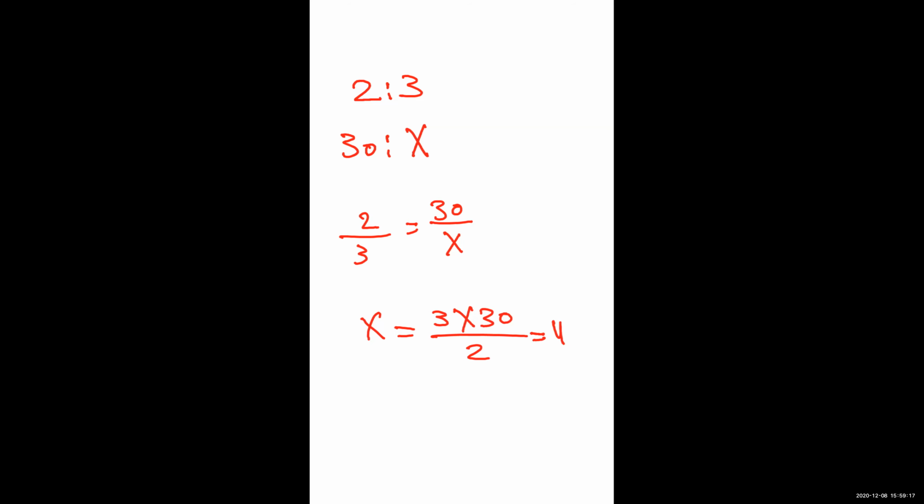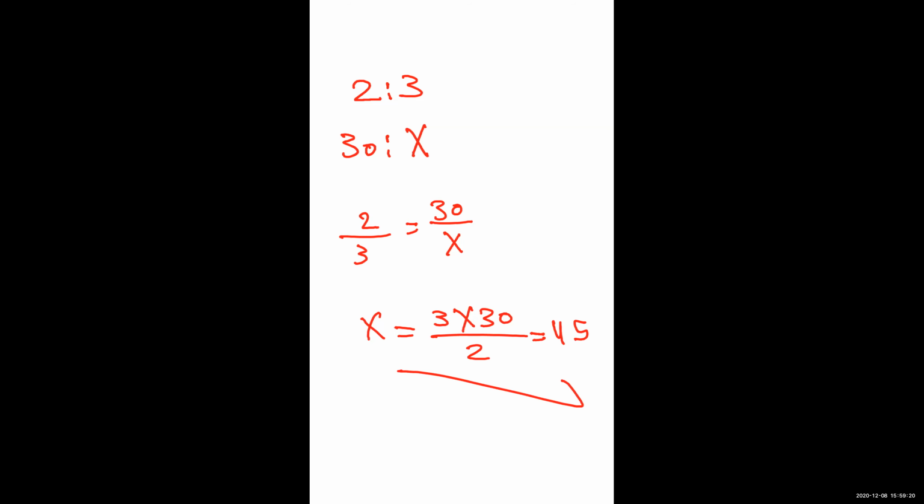Okay, the share of the first is 30 and the share of the second will be equal to x. So 2 over 3 equals 30 over x. So x will equal 3 times 30 over 2, which is equal to 45. That's it. Clear?